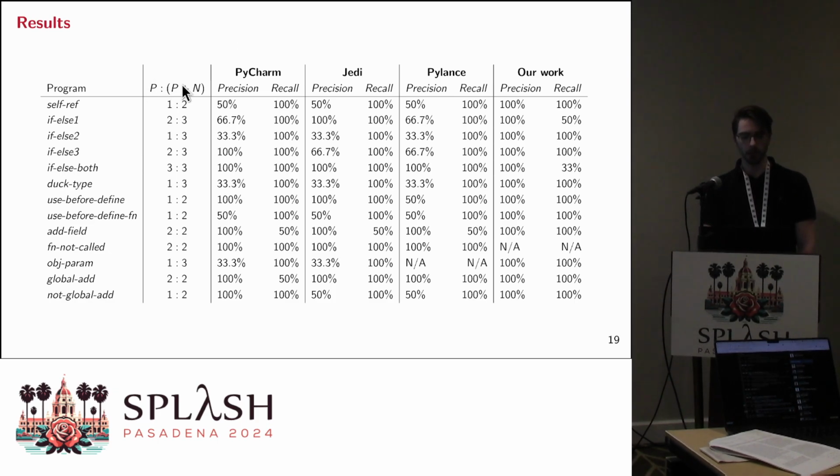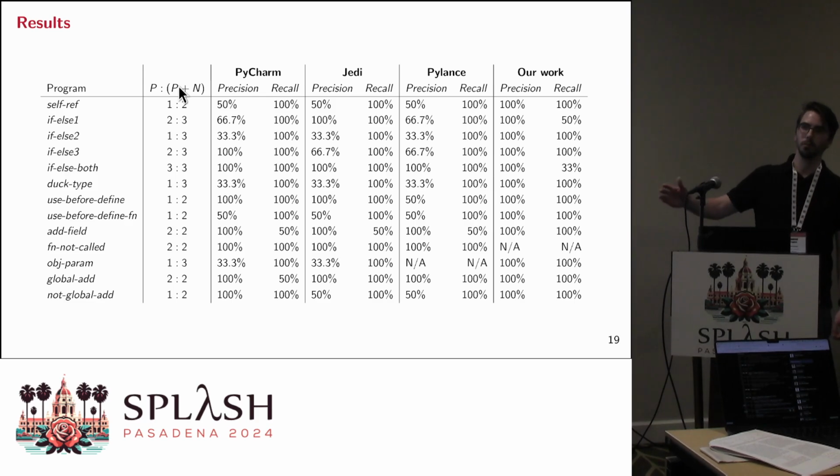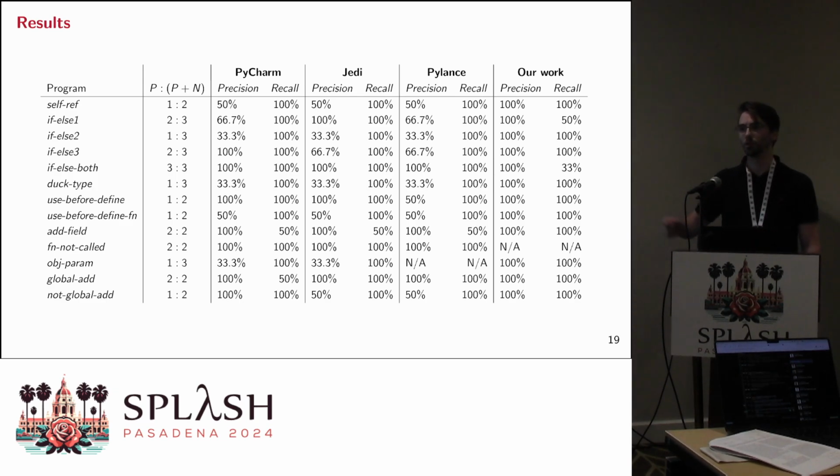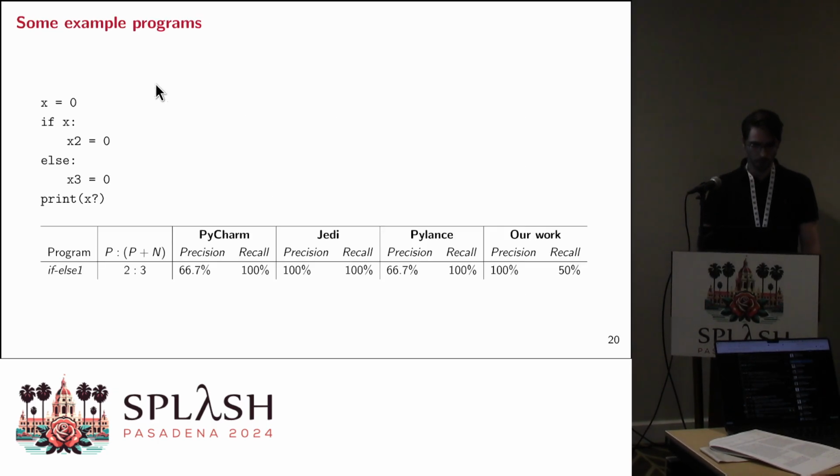Secondly, the values here are the sound completion candidates and the possible completion candidates. So what we did is we executed the programs trying to achieve 100% path coverage, and then taking the union of all the variables available across all paths, and that determines our p plus n, and then the intersection is essentially our p. So let's look at some example programs.